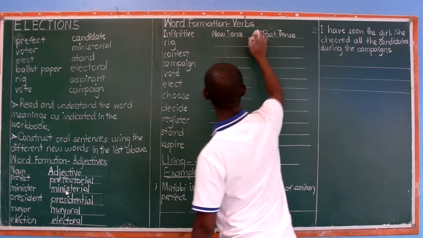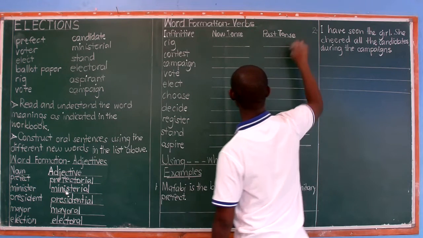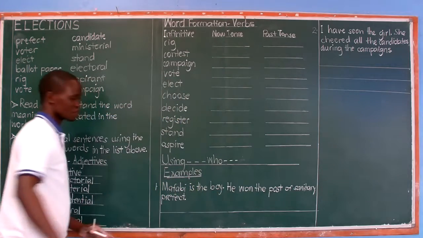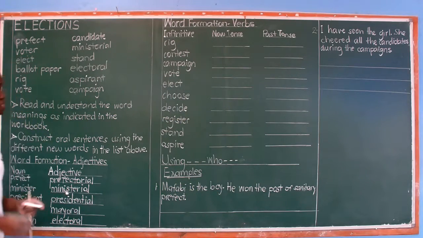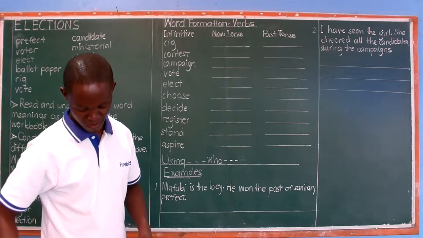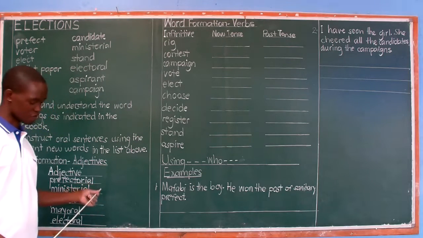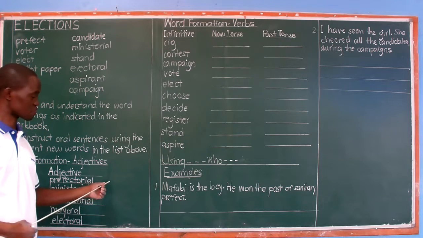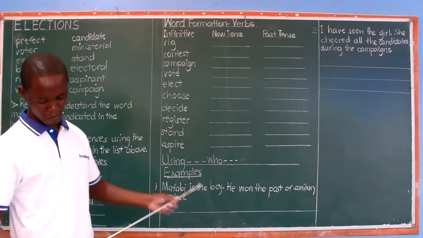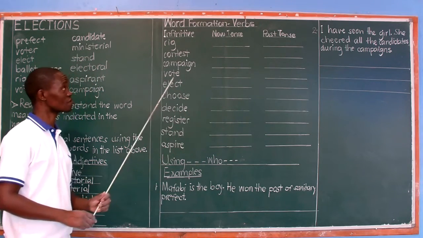So let's look at another category of ways we can form words from others. Word formation, this time we are looking at verbs. Verbs in our word formation list today. That table about formation of adjectives is on page 46. Then the same page 46 has what to do with formation of verbs.